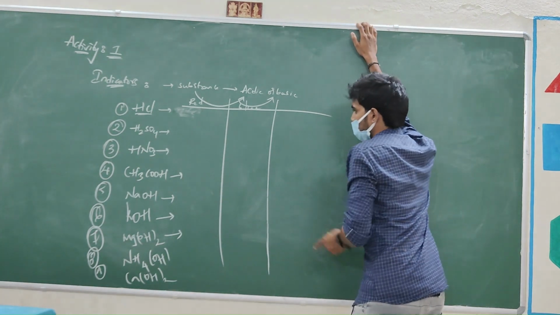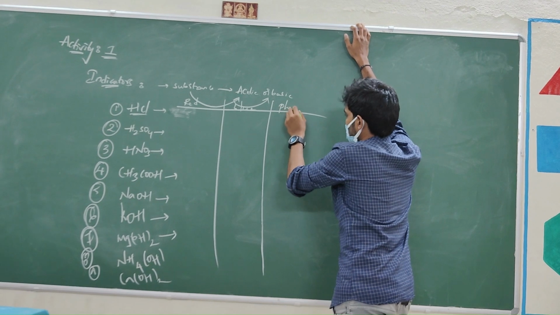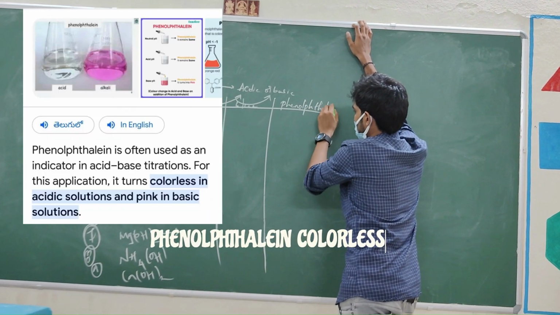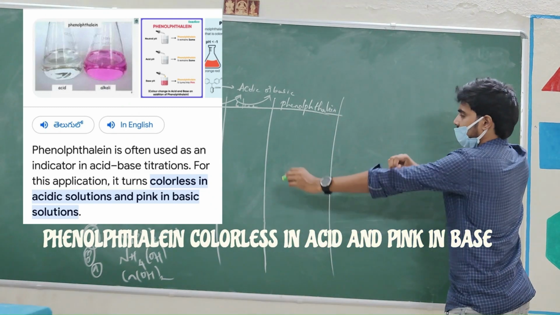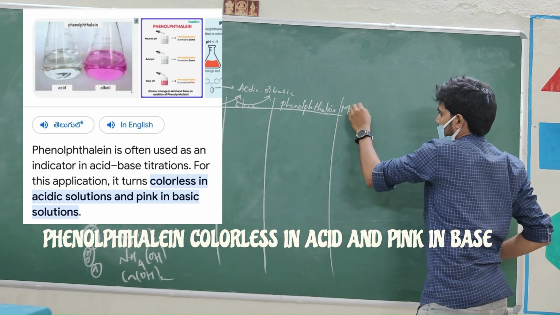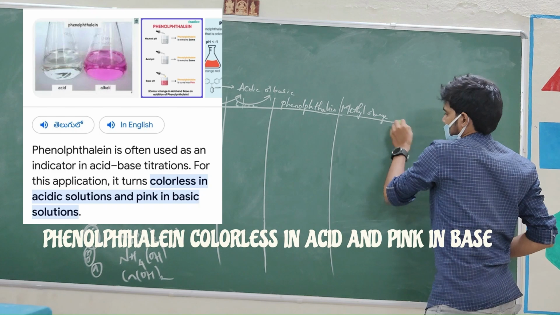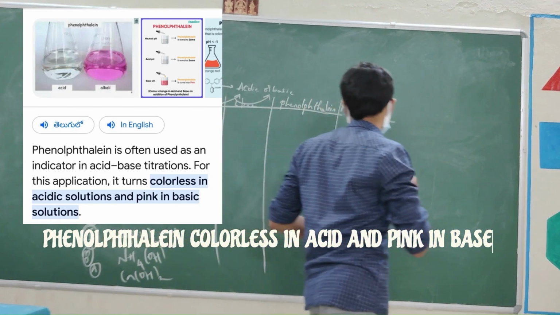We have red litmus papers, blue litmus papers, and a solution of phenolphthalein. This spelling is very important: P-H-E-N-O-L-P-H-T-H-A-L-E-I-N. And one more is methyl orange. These are the indicators he has asked us to use.